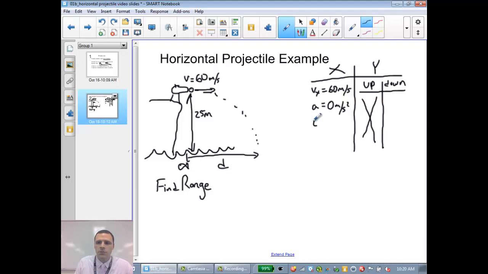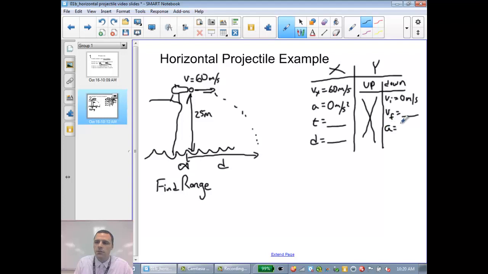Let's see, we don't know the time that it takes to travel that distance, and we don't know the distance that it travels. If we think about down, the object doesn't actually start moving down until it's fired, so it's actually starting at 0 meters per second. It has no initial downward velocity. The final velocity is unknown. How fast is it moving vertically downward when it gets to the water? We do not know that.